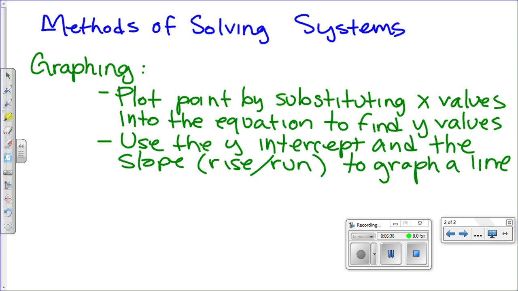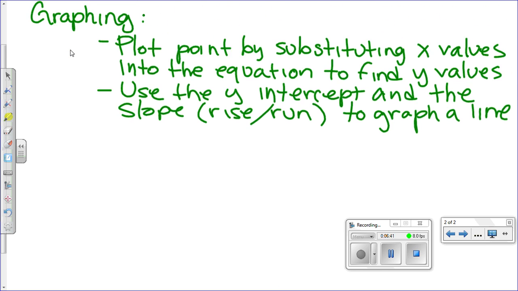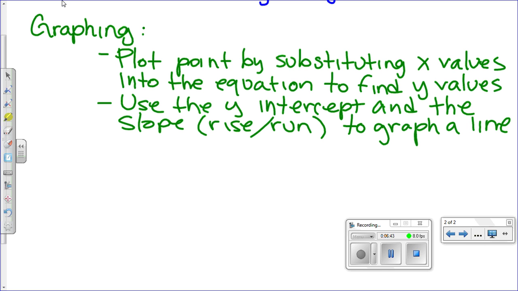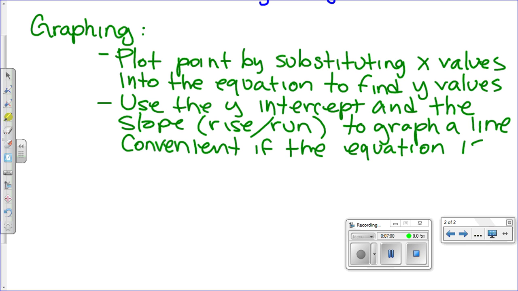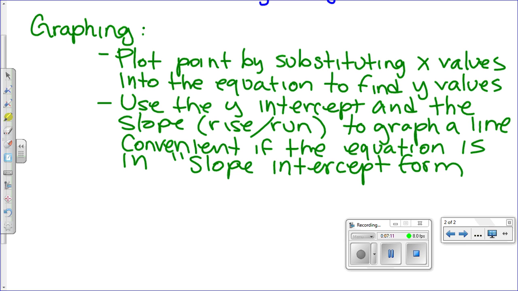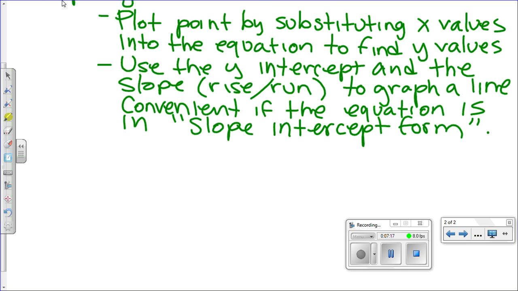Now this method is convenient if your equation or your function is written in slope-intercept form. Okay, so that is one of the methods. We're going to talk about two other methods today.